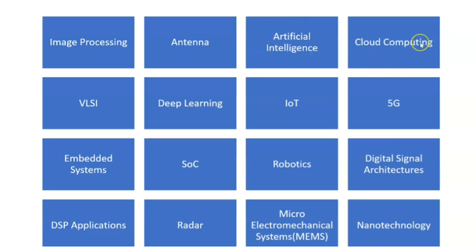Next one, cloud computing. This is actually an interdisciplinary topic, common for computer science and also some part of electronics. Then VLSI, deep learning, IoT, 5G, 4G, all these are wireless standards, wireless technologies.